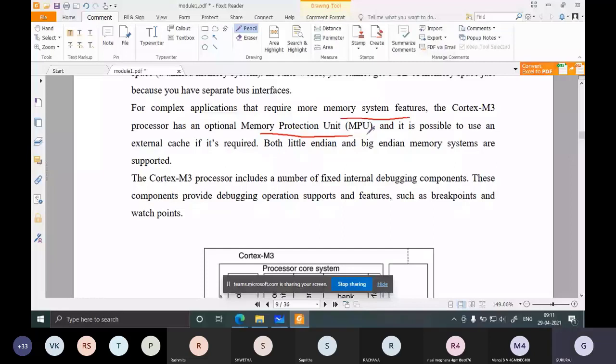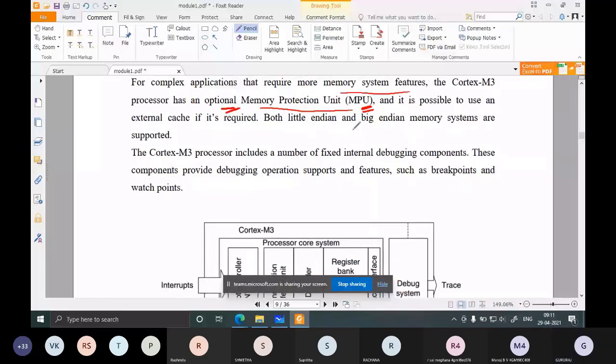In this case, a memory protection unit will be useful, wherein it will protect a certain part of the memory from being accessed or modified. That is where the MPU will come in handy. Such applications may require the MPU, which is optional. If you want, you can include it, or if you don't want, you need not include it.